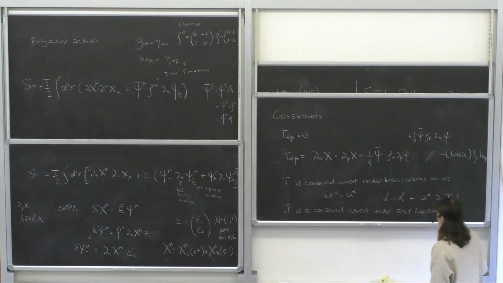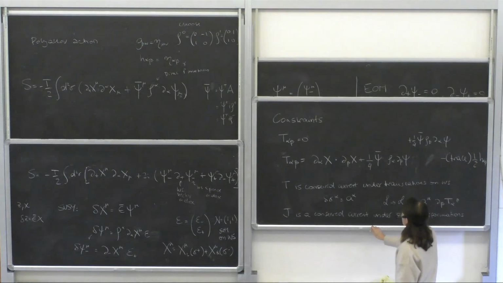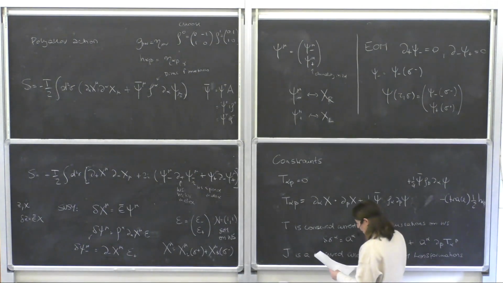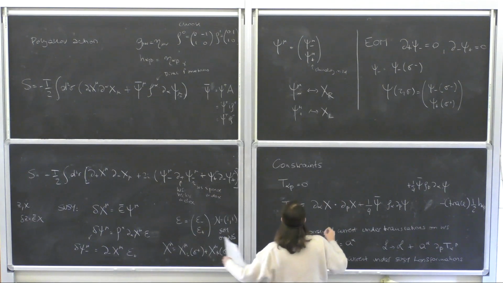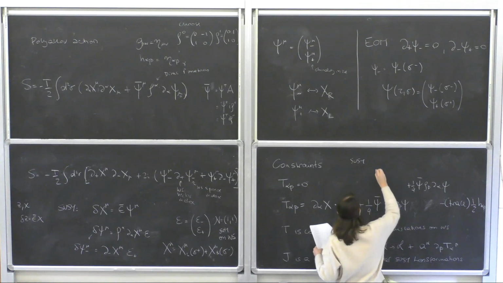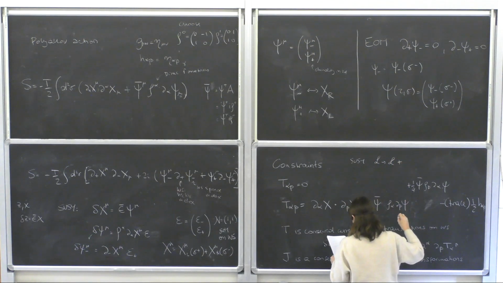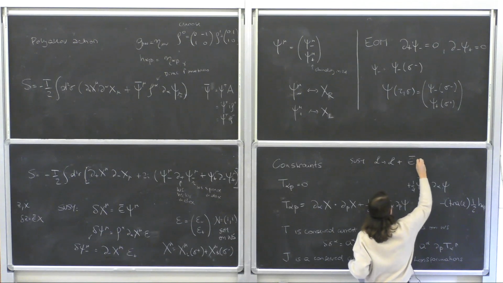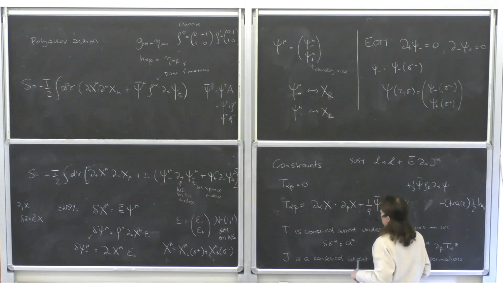Under SUSY transformation, and this you can check. Let me write it here. So if you do a SUSY transformation as written there, what you get is actually that the Lagrangian goes to the Lagrangian plus epsilon bar d alpha J alpha.